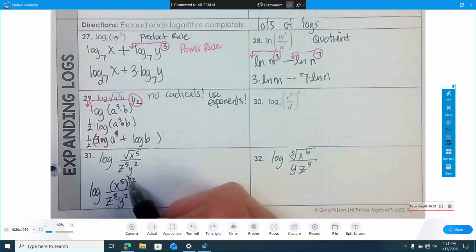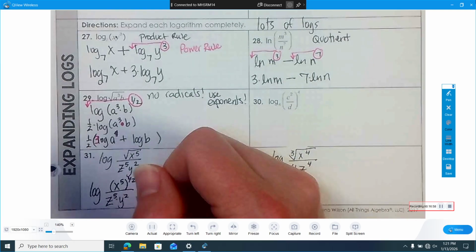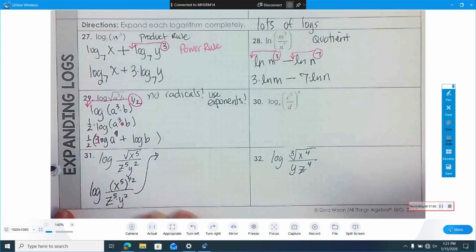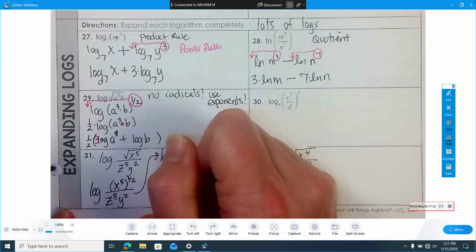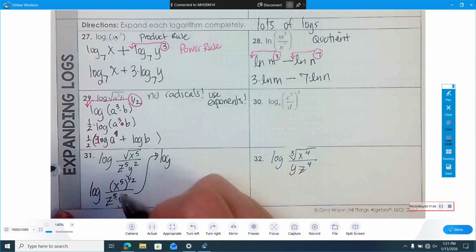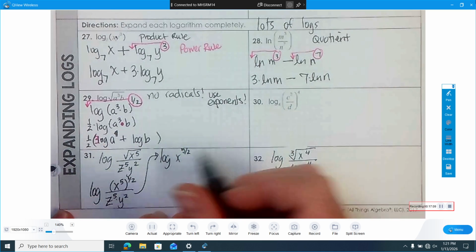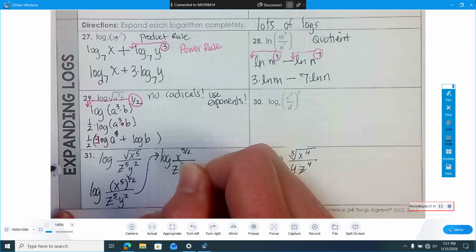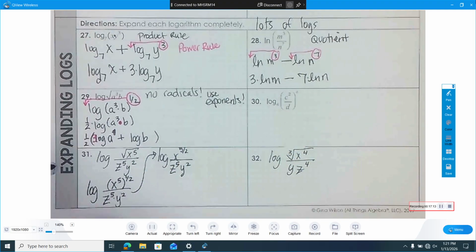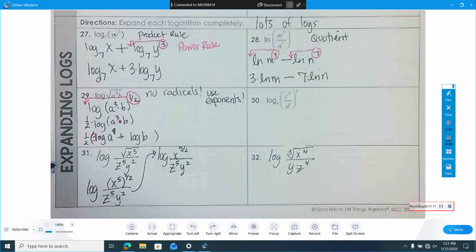This is a power raised to a power. You do multiply those exponents. Very good. Clean that up just a little bit more. So I'm going to multiply 5 times 1/2, which is really just 5/2, over z to the 5th y squared. Okay, wow, finally, I've got that simplified enough for myself.